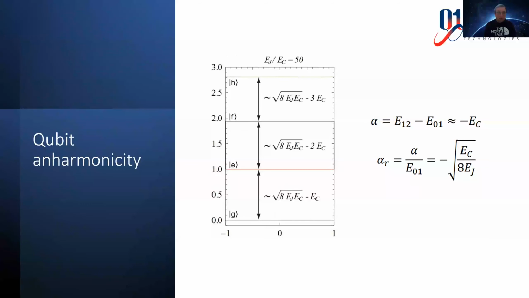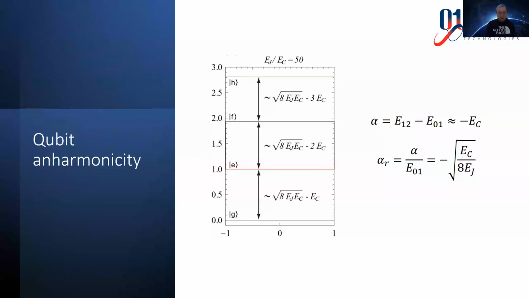However, we need to be careful that there's a trade-off between the sensitivity to charge fluctuations and the anharmonicity of the qubit. This means that if you increase the ratio of EJ over EC, the sensitivity to charge fluctuation decreases, so the qubit coherence time will increase.